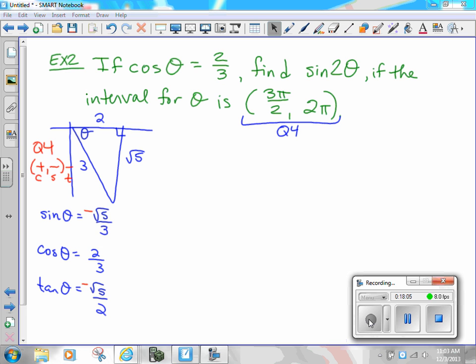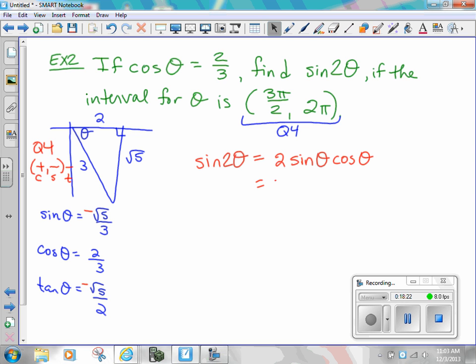Plug it into the formula. What are we using? Sine of 2 theta, sine of the double angle. What is that formula? 2 sine theta cosine theta, right? 2 over 1 times -√5 over 3 times 2/3.